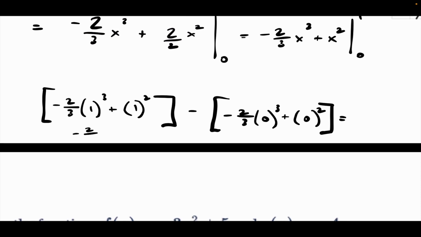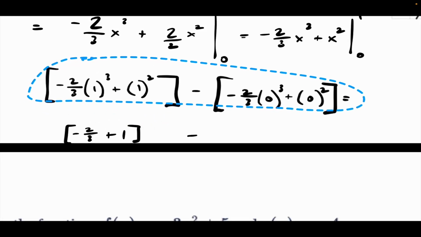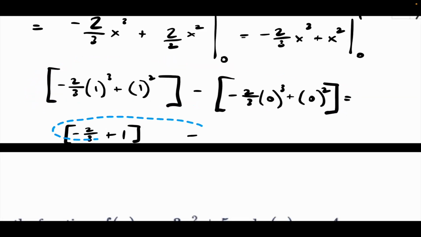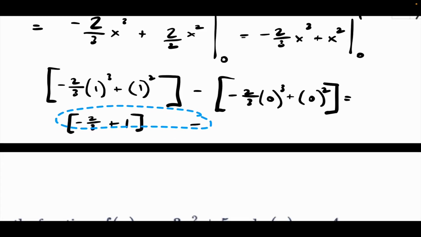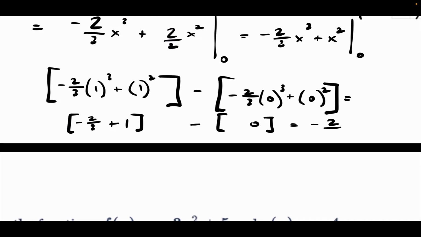So I got negative 2/3 plus 1 minus. Over here, I get 0 cubed is 0 times 2/3 is 0 plus 0 squared is 0. So in other words, it's negative 2/3 plus 1 whole, which is positive 1/3.